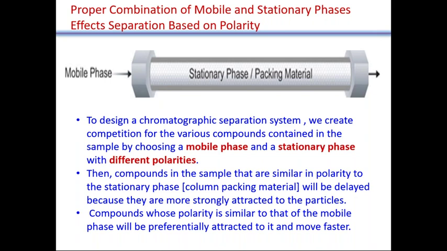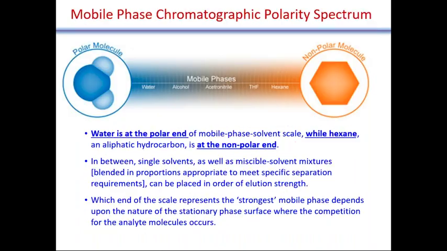So we also need to understand the polarity spectrum of the mobile phase. Which of the solvents is a water-loving solvent or a polar solvent, and which of the solvents is a water-hating or hydrophobic solvent? So water is at the polar end. Hexane, methylene chloride, benzene, these will all be at the non-polar end.